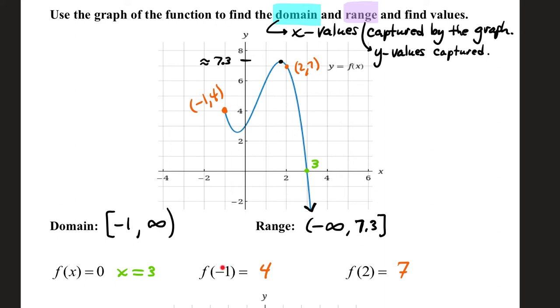If the numbers are given in parentheses, that's your x coordinate and you're trying to find a y coordinate. Well, when x is -1, the y value paired with that is 4. And when x is 2, the y value paired with it is 7. So these are very quick.